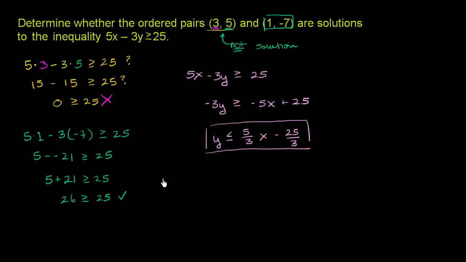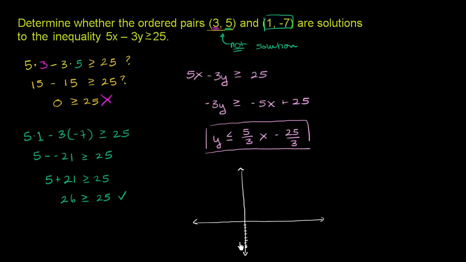If I wanted to graph this, I'll try to draw a relatively rough graph, really just so that we can visualize it. Our y-intercept is negative 25 over 3, the same thing as negative 8 1/3. So that's 1, 2, 3, 4, 5, 6, 7, 8, and a little bit more.